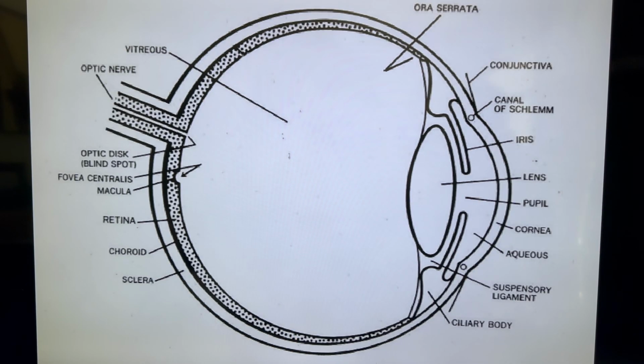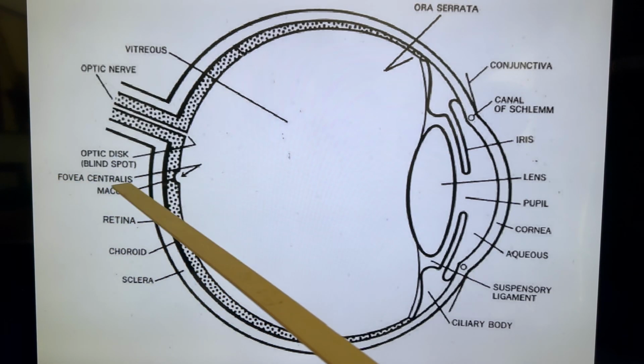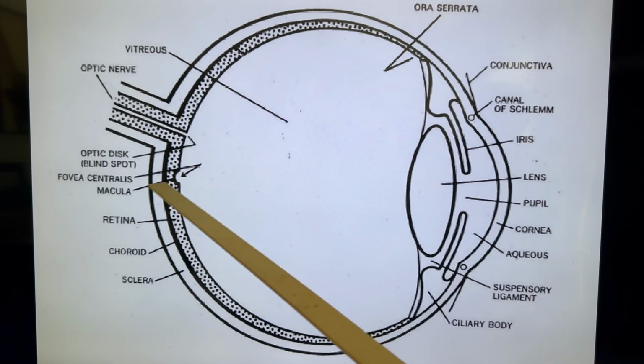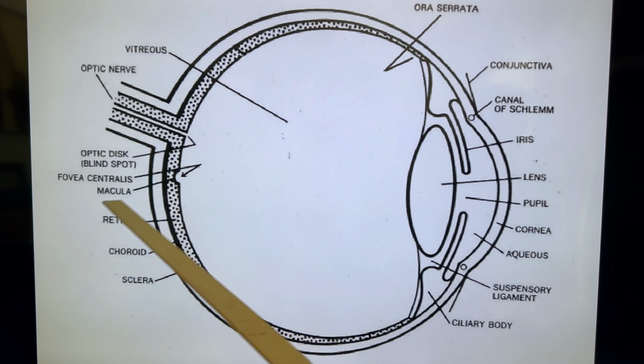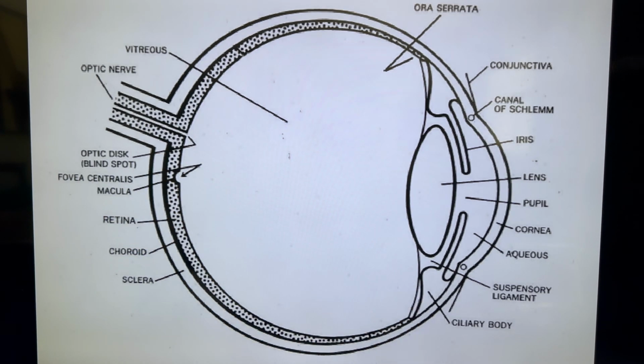Further down, we have the fovea centralis, right here in the middle. Then we have the macula, which is this little dip. So the fovea centralis is right in the middle of this little dip called the macula. The macula provides for high visual acuity and is composed almost exclusively of cone cells.